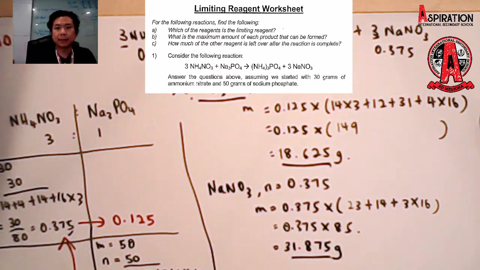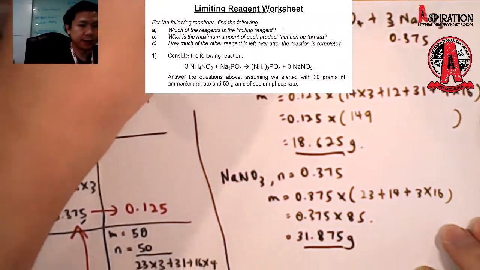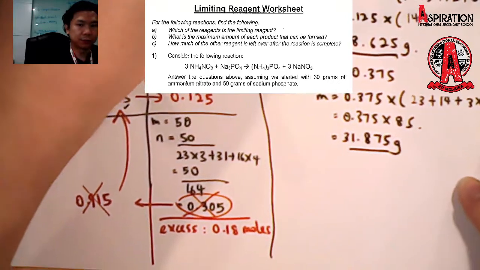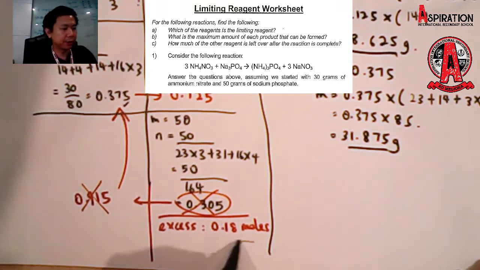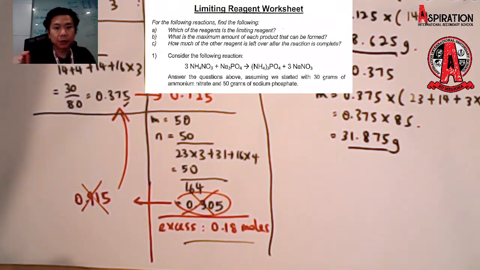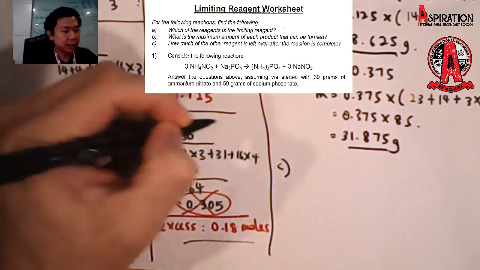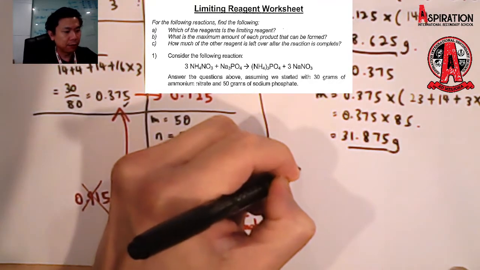Now let's look at part C. How much of the other reagent is left over after the reaction is complete? I want to bring your attention to this part here. Remember, there's remaining 0.18 moles of sodium phosphate that is left over, not being used. For part C, they are asking us for the mass.